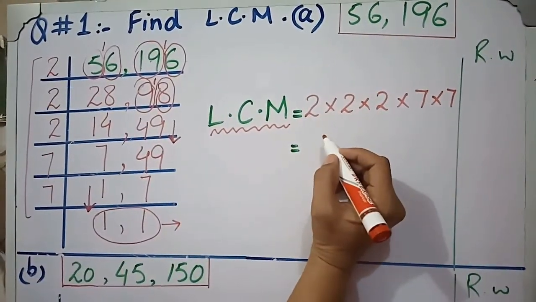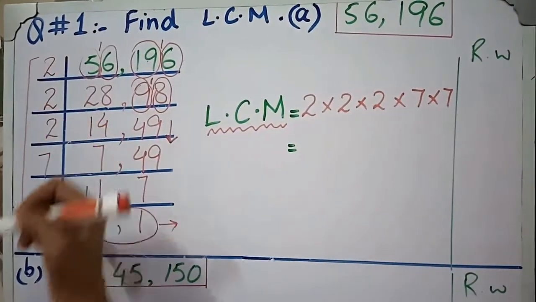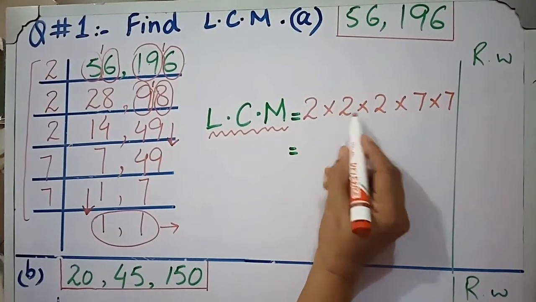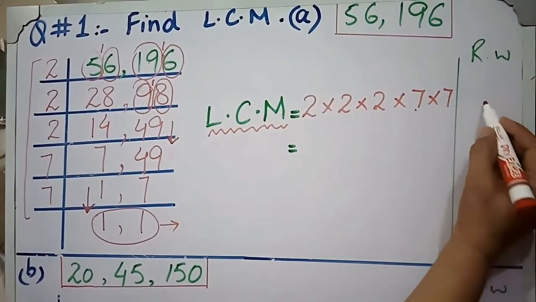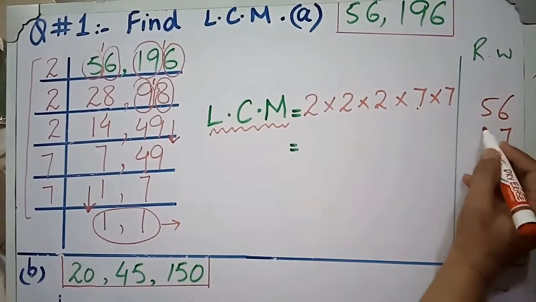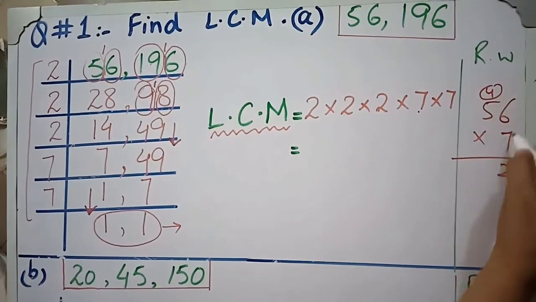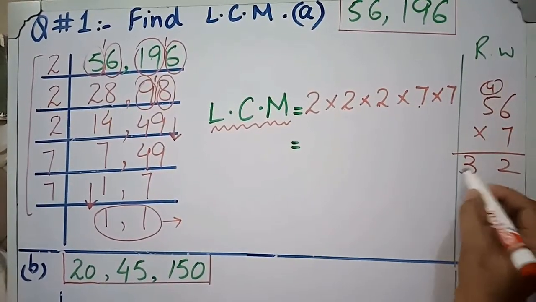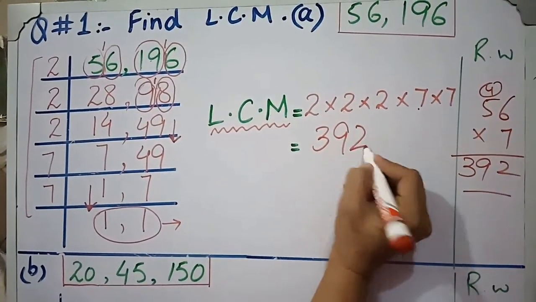There will not be any common factors to remove, you only have to multiply them. Now 2 2s are 4, 4 2s are 8. Now 8 7s are 56, and 56 7s will be 392. You will have 392 as the LCM.